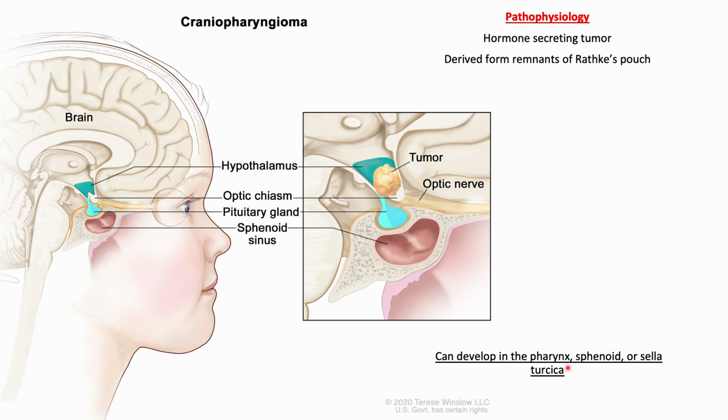So this can happen in the pharynx, sphenoid, or sella turcica, which is all regions surrounding the pituitary gland. All right. So again, a tumor of a derivative of Rathke's pouch is going to be known as a craniopharyngioma, and it's going to be a hormone-secreting tumor because we know Rathke's pouch is developing the anterior pituitary, which secretes a ton of hormones, as it's our master gland in the human body.